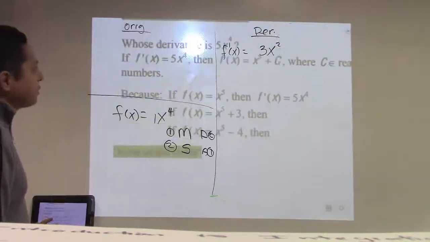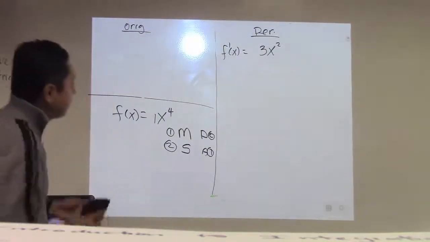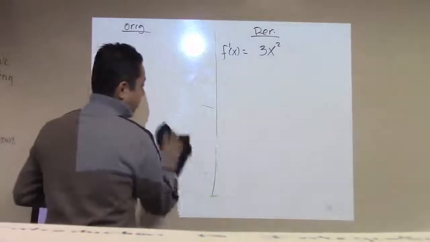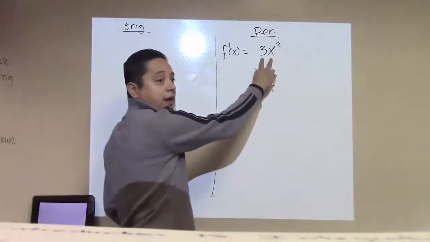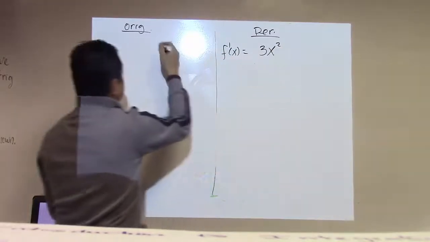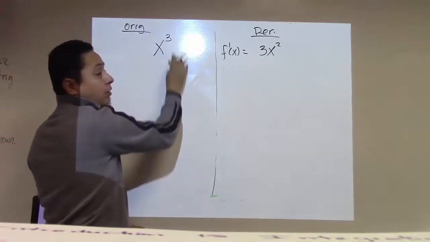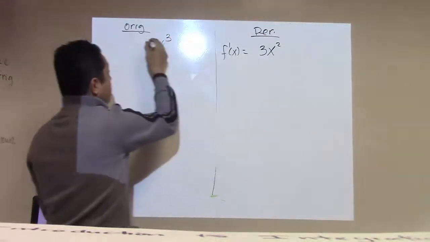So let's practice a little bit with this, so that we can get our feet wet with this. So given 3x squared, bump up, so you bump up the exponent, so that becomes x cubed. You added 1 to it. Now remember, you do have this 3 in front of it, so leave it alone.